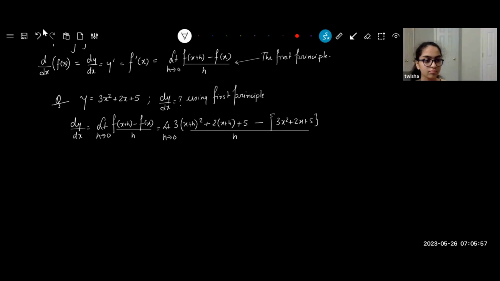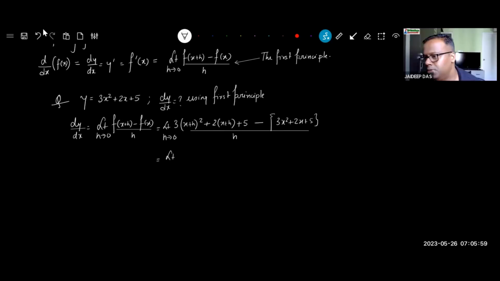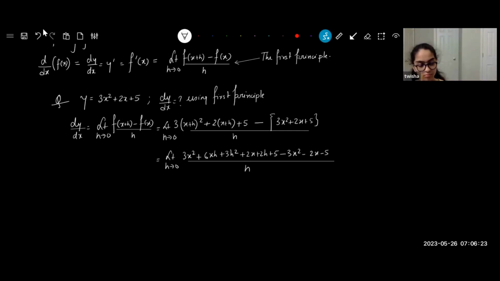Let's expand this now. This becomes limit of h tends to 0 of 3x squared plus 2xh, that becomes 6xh, plus h squared, that becomes 3h squared, plus 2x plus 2h plus 5, minus 3x squared minus 2x minus 5. Keep an eye, I may also go wrong somewhere.